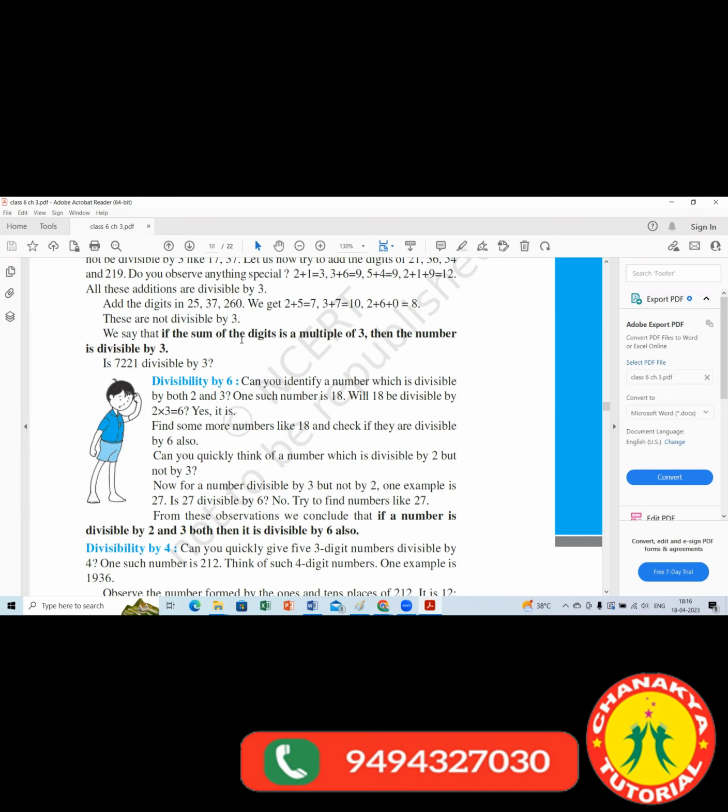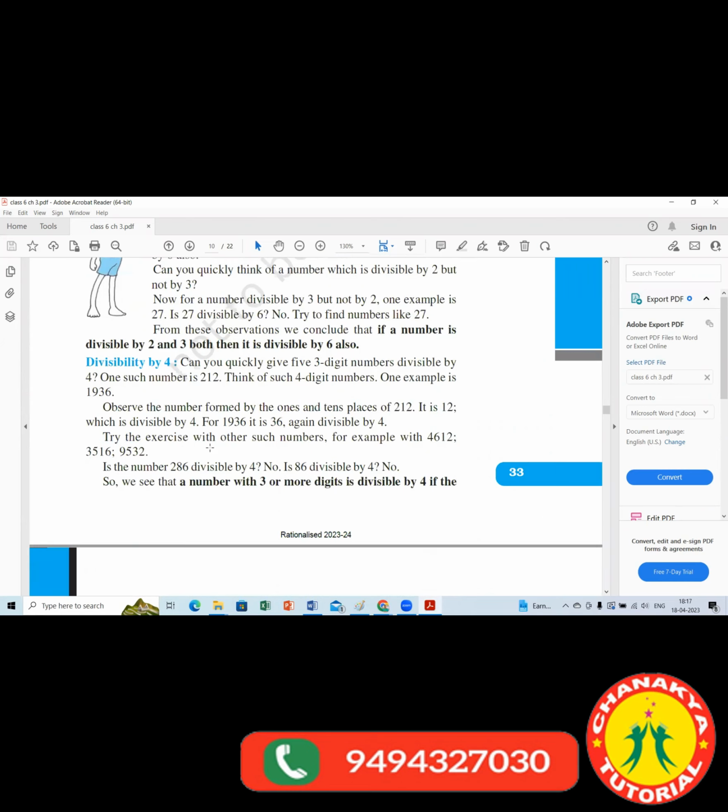What is the next part here? Rule 8. What is rule 8, children? What is the divisibility rule of 8? Ma'am, should I say? Yes, Deepika.